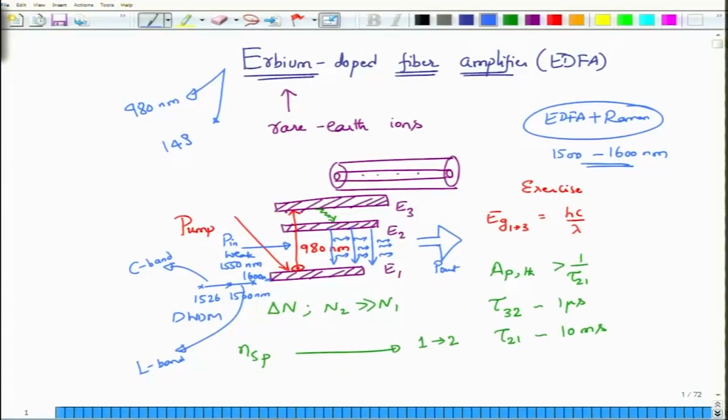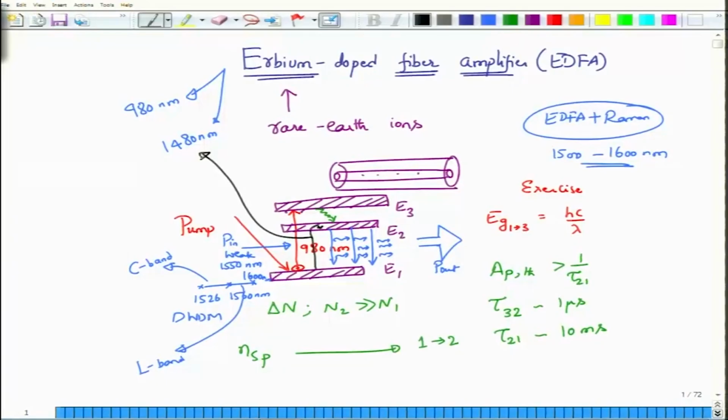However, there is another pumping level which is 1480 nanometer, which takes these ions from the ground state directly and dumps them in the energy level E2. So, it will go directly from E1 to E2, and this happens to be the 1480 nanometer.